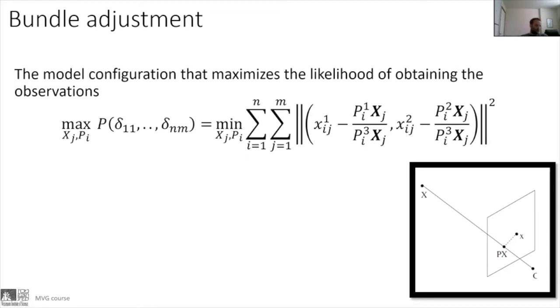We have a scene with a lot of 3D points, a lot of 2D correspondences, and maybe a lot of cameras, depending on how many frames we have. And in this minimization problem, we sum over all the 3D points xj, all the camera matrices Pi, and all the 2D correspondences xij. And the optimization variables, what we are trying to minimize over, are the camera matrices and the 3D points.